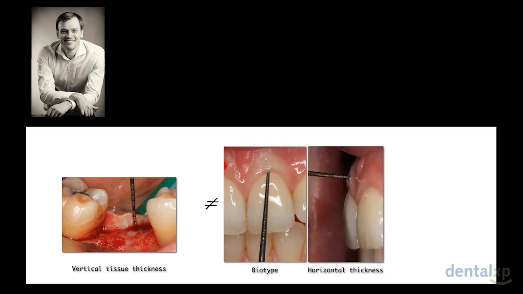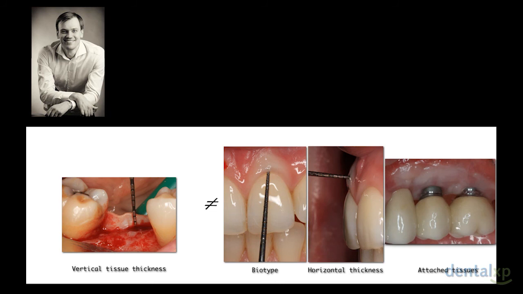It's not horizontal thickness, which you can measure with a probe. And it's not even attached tissues, like in this picture you can see that we have attached tissues, but they are thin. So this is a completely new and separate parameter, and it must be measured vertically at the top of the crest of our edentulous ridge.